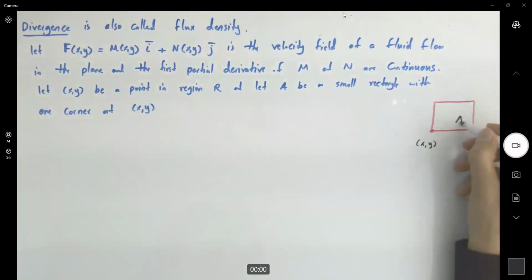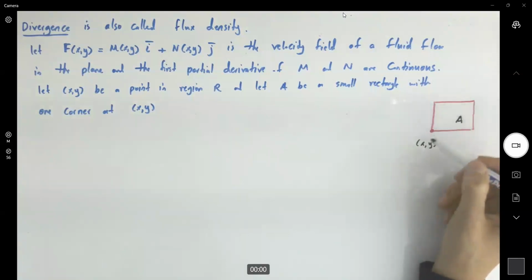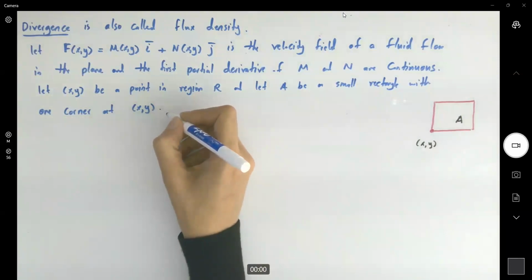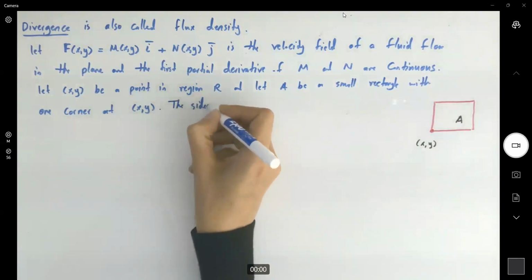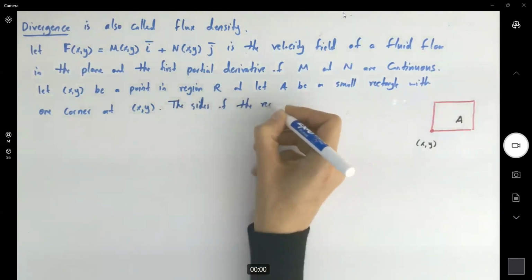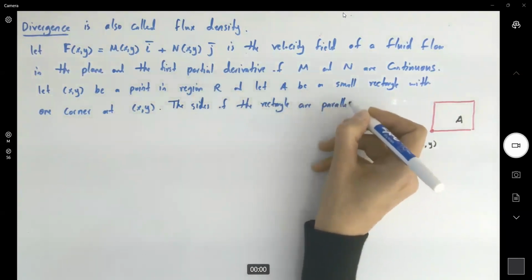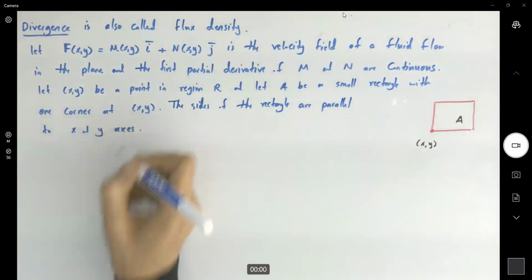And this is our rectangle A. Note that the sides of this rectangle are parallel to the coordinate planes, x and y axes.